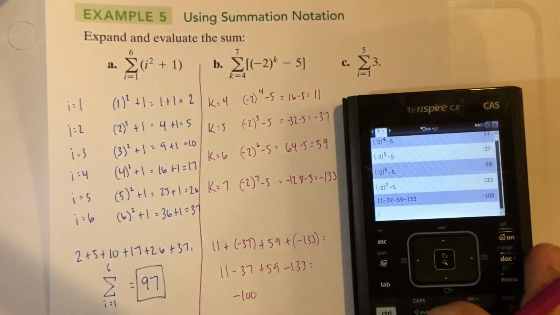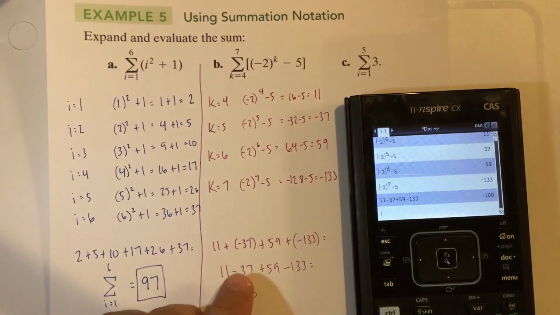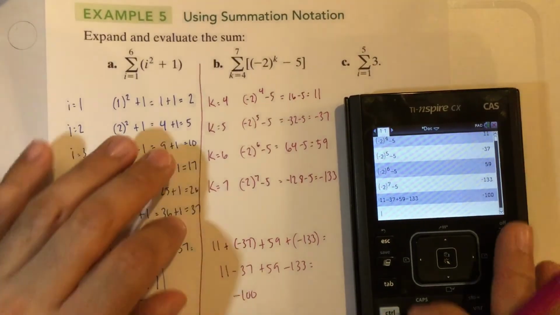Let me verify that again real quick. 11 minus 37 plus 59 minus 133 is negative 100 according to this calculator. Okay, let's keep going.